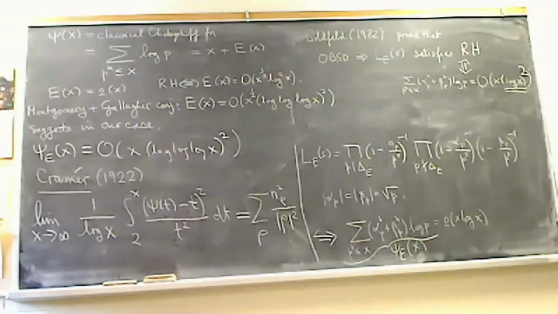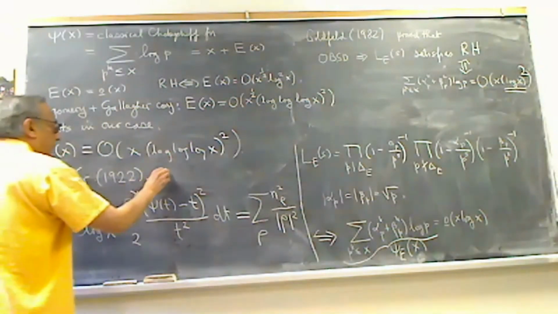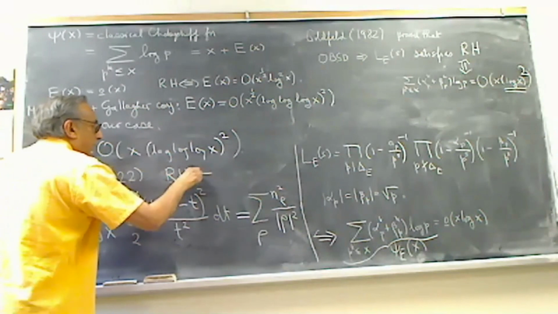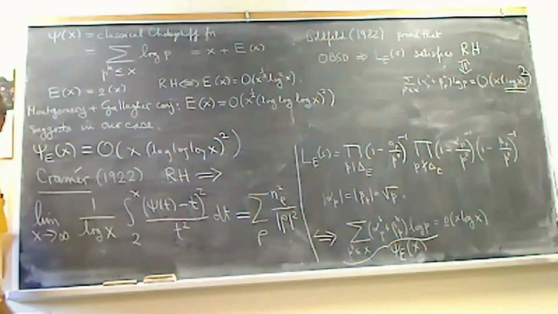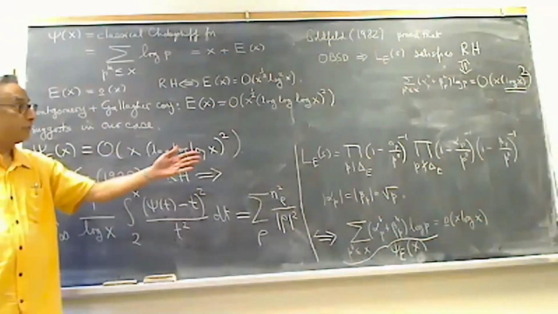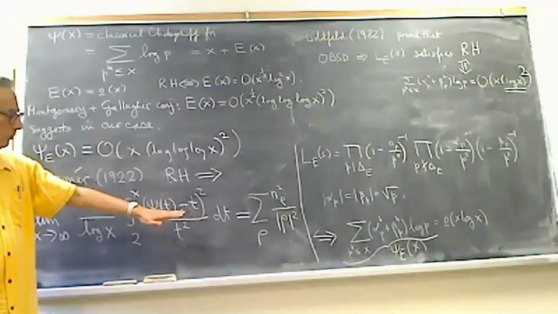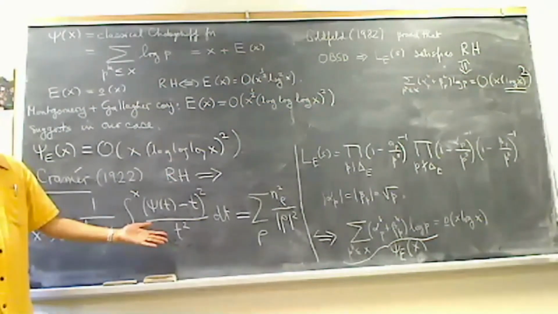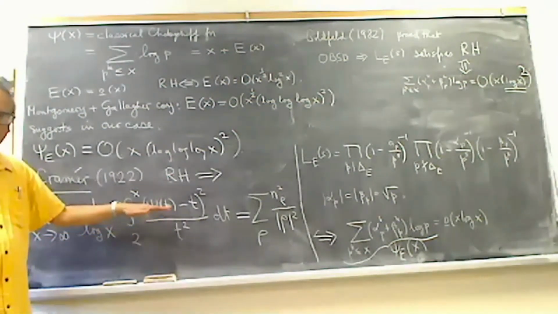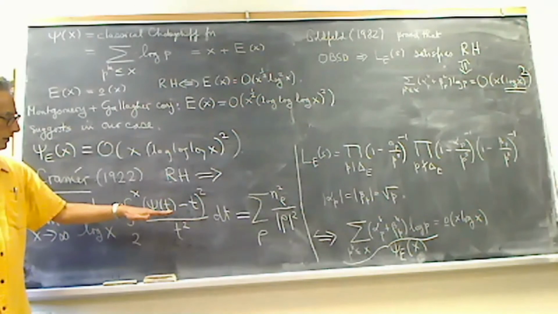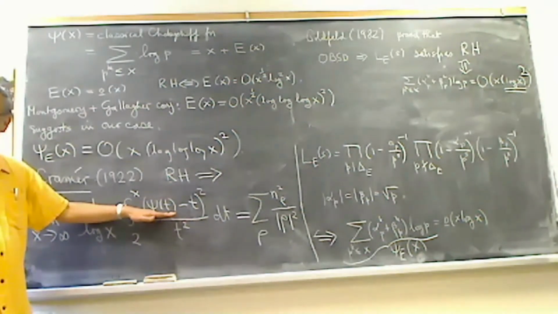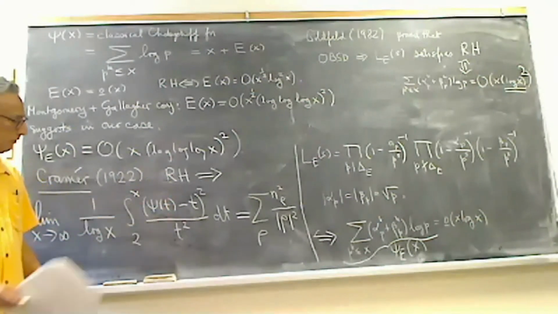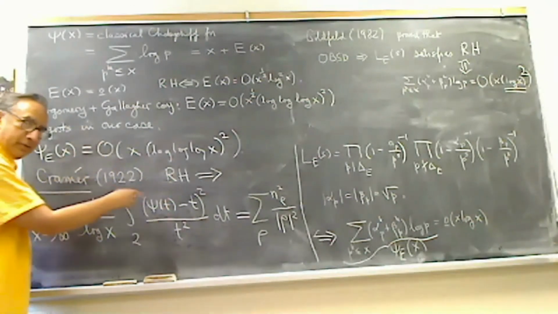So this is, assume the Riemann hypothesis. I told you, if you assume the Riemann hypothesis in a naive way, just plugging in the error term that you know, you're not going to get anything like this. But if you are careful, if you take the truncated explicit formula, this is not a trivial theorem to prove.